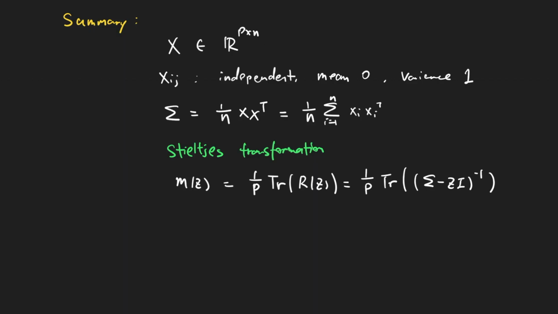And the key step to solve for m of z is that we found an equation for it. So the key step that we applied here is that we use the Sherman-Morrison formula, right?